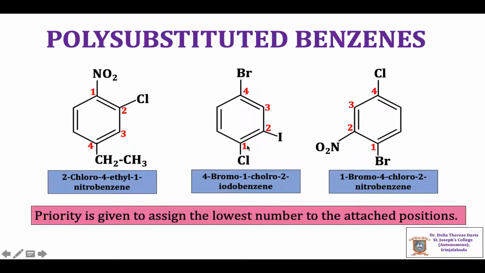Here the lowest possible numbers are obtained when the carbon to which chlorine is attached is assigned as carbon number 1. Next comes the position of iodine, position 2, 3 and bromine at position 4. And representing them in the alphabetical order, we get 4-bromo-1-chloro-2-iodobenzene.